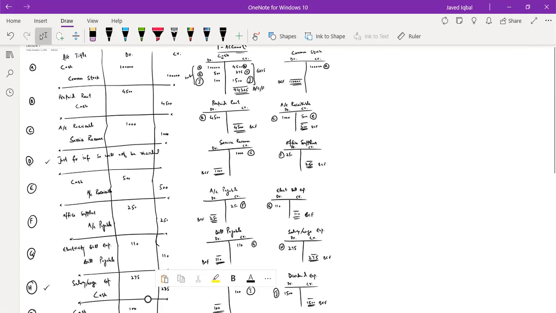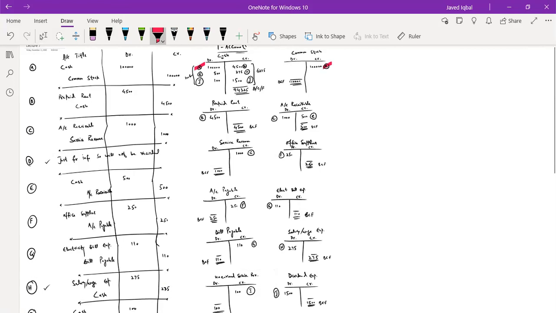If you look at this, that's fine. You have recorded debit side of A. I may use the highlighter, it's better. So debit side of A, you should have one credit side of A. That's one.